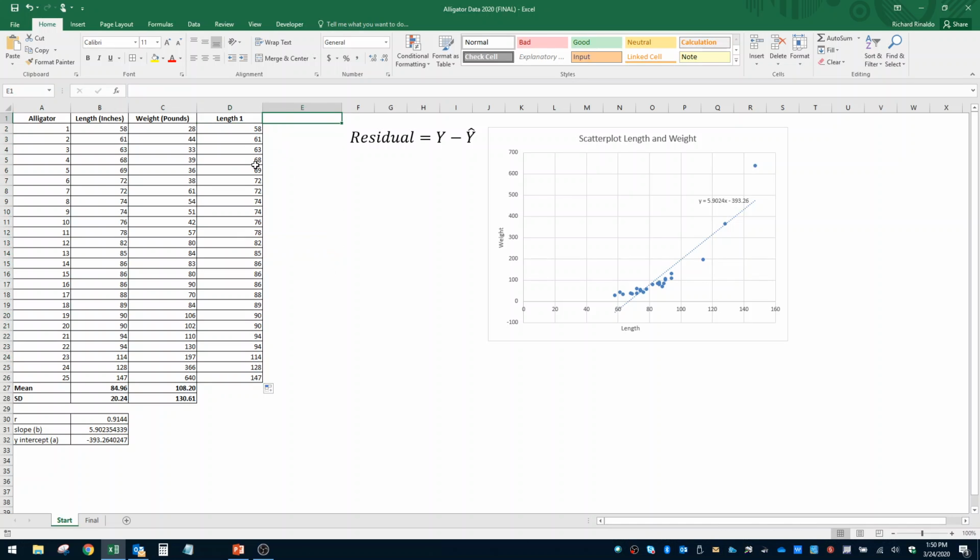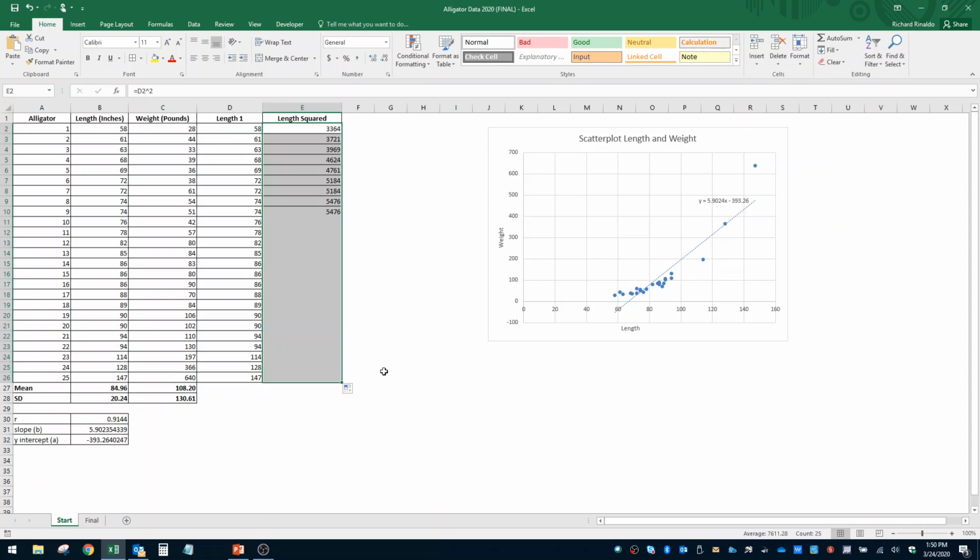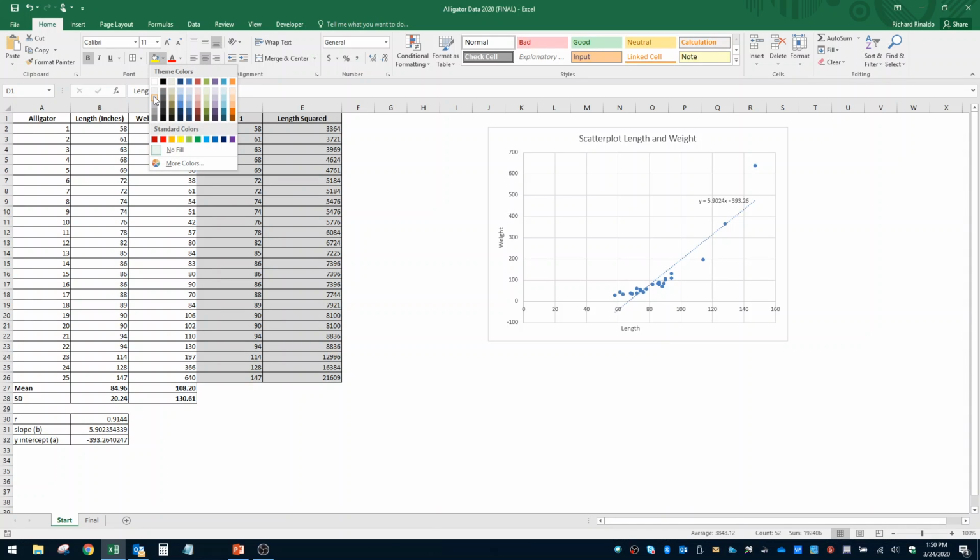And then length squared here, and that's equal to the length at 2, and then square it. I don't need this here anymore. So those are my values. So I've got two independent variables. I'll just gray those out.